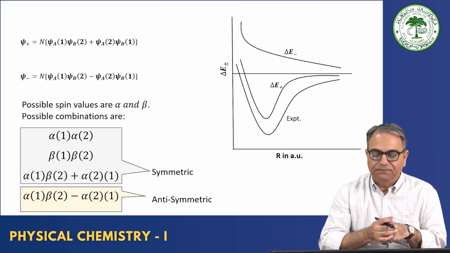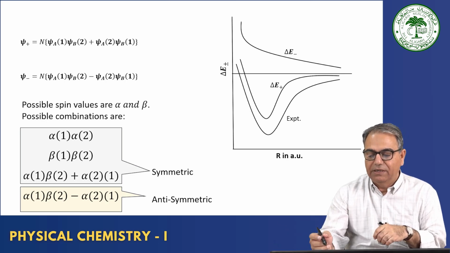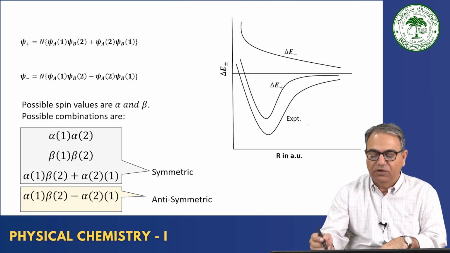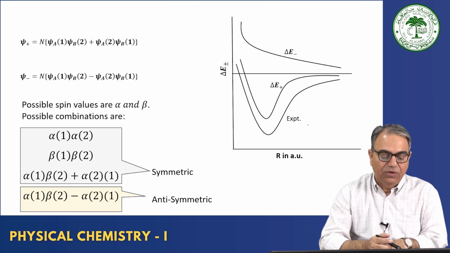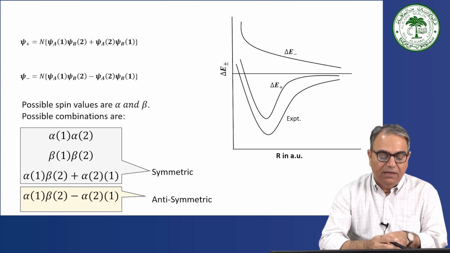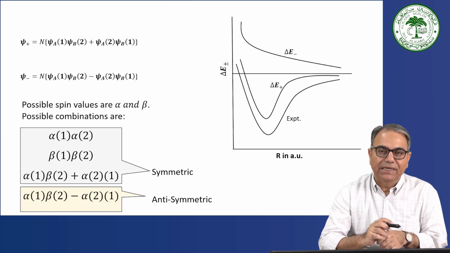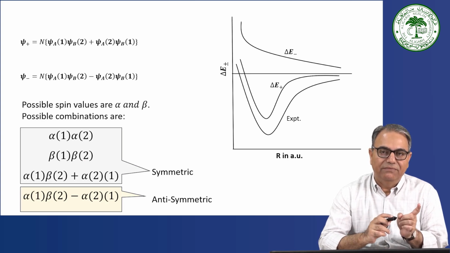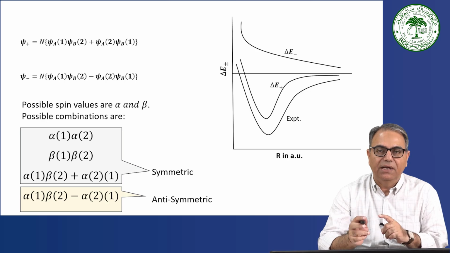If you look at this picture, it again tells you that the experimental value is still lower, you have to work out. Then you have the spin functions alpha 1, alpha 2, means both the 1 and 2 electrons have alpha spin, beta 1, beta 2 means both 1 and 2 electrons have beta spin, and then if one electron is alpha and another electron is beta, then you can take a linear combination of the two.